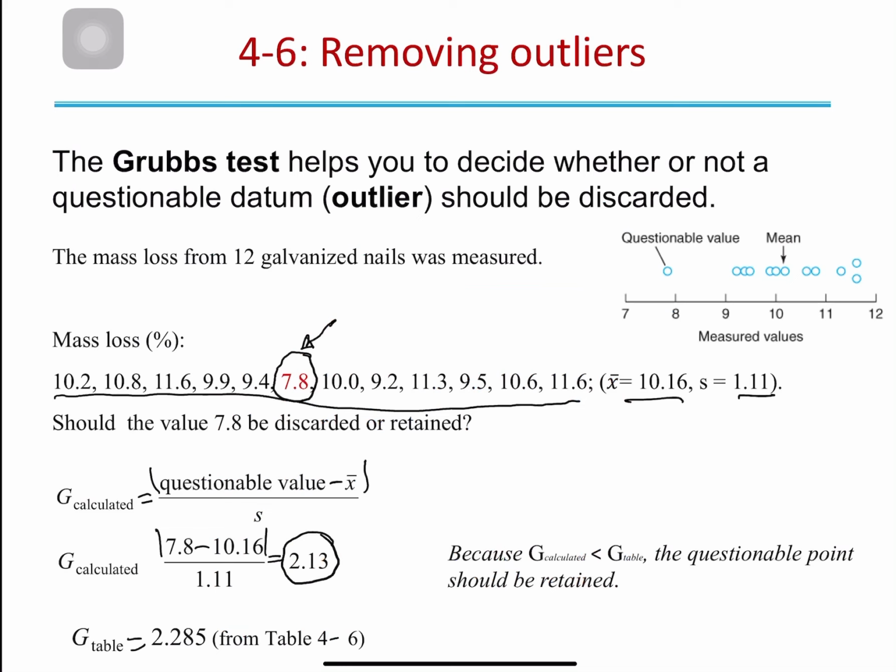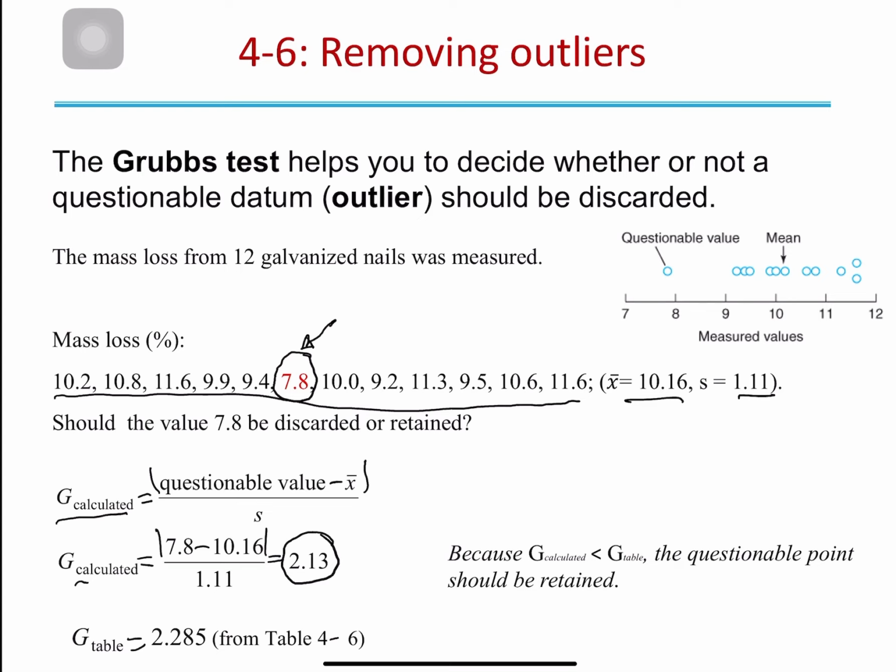If I look again at my calculated G, it equals 2.13. Remember, when I do this, I use the absolute value for the difference between the questionable value and the mean, because it can be plus or minus. So I always use it as a plus. Then I compare the G calculated with the G from the table.